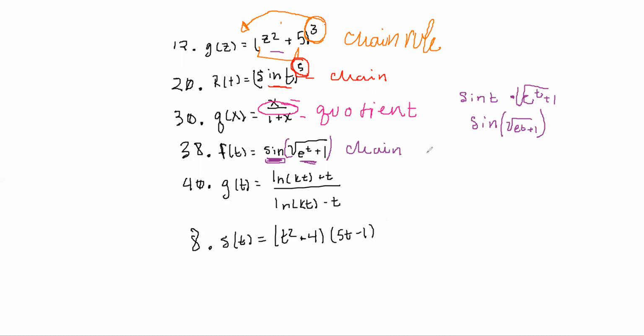So the way you would do this is you would say that g is equal to sine h, and h is equal to the square root of e to the t plus 1, or h is equal to e to the t plus 1 to the half, because that's how we think about square roots. So you would end up using the chain rule for this, not the product rule.